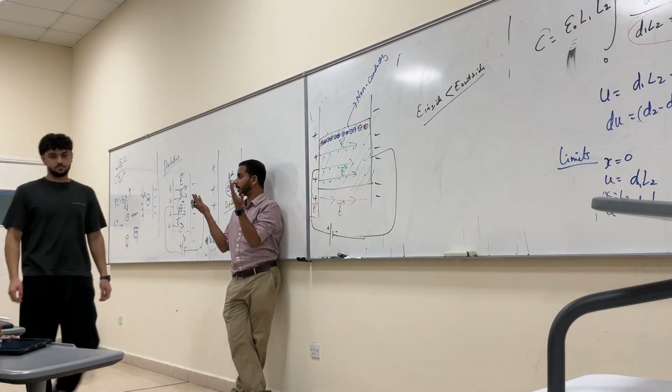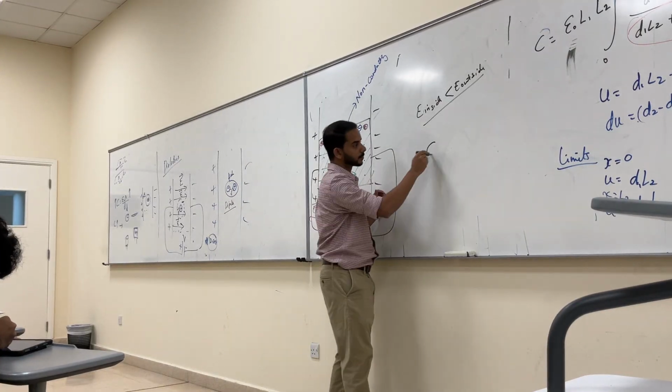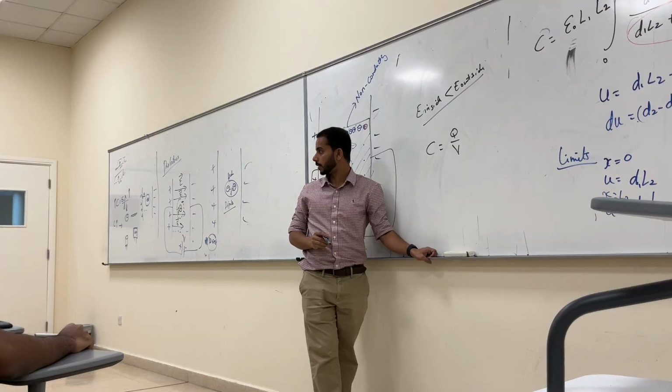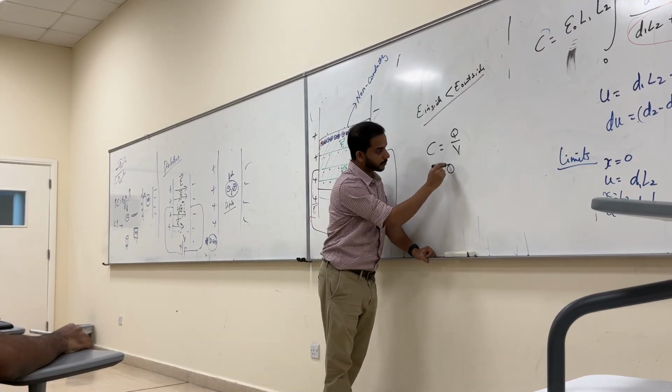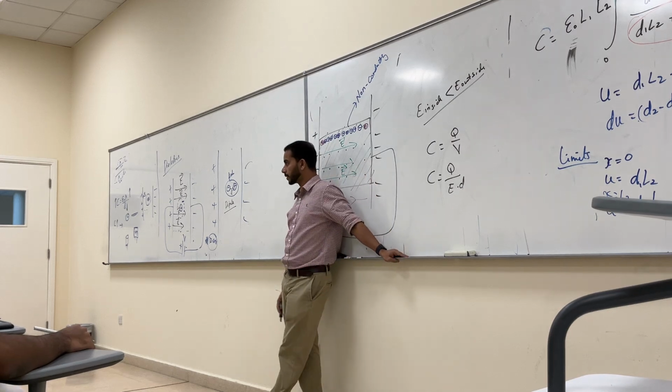So I can get more capacitance. So what is the capacitance? Charge over potential, right? So what is the potential? Electric field times distance, right?